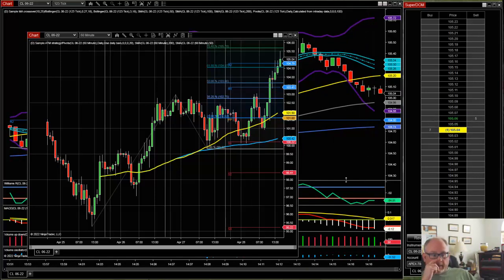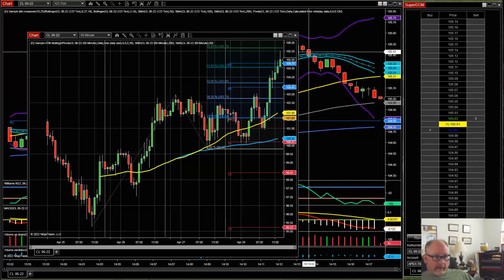We don't have any confirmation on MACD and Williams %R to take on anything here. I was going to take this on. I should have taken it on right here.